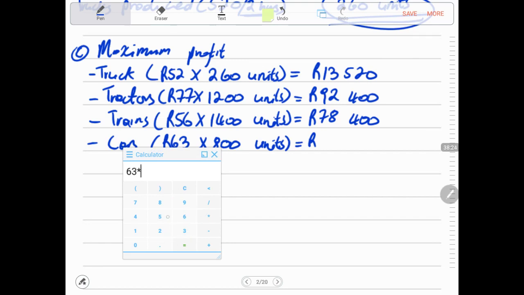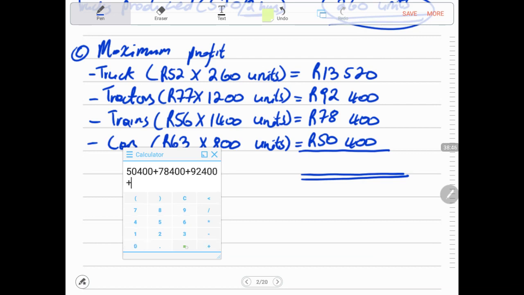Then 63 times by 800, we get 50,400. So the maximum profit will be this amount plus 78,400 plus 92,400 plus 13,520.